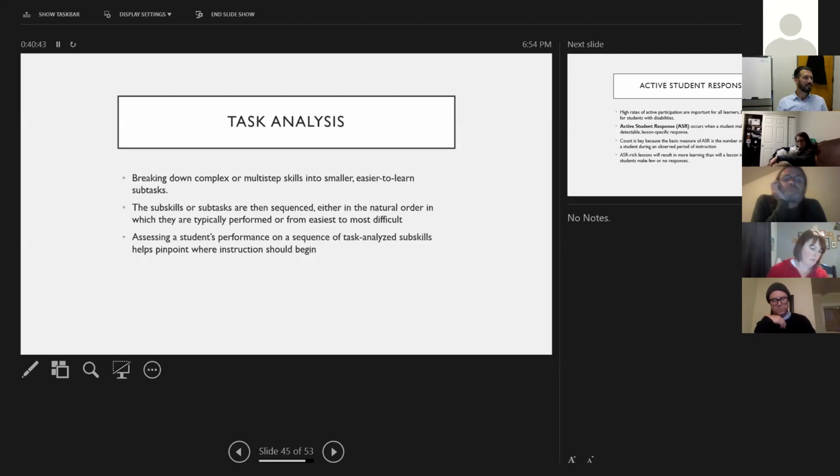So lastly, the last thing that we'll talk about tonight is task analysis. Again, this is another approach that is not only useful for students with intellectual disabilities, but I used it a lot in my work with students with autism. It's just this approach of breaking down complex and multi-step skills into smaller, easier to learn subtasks.